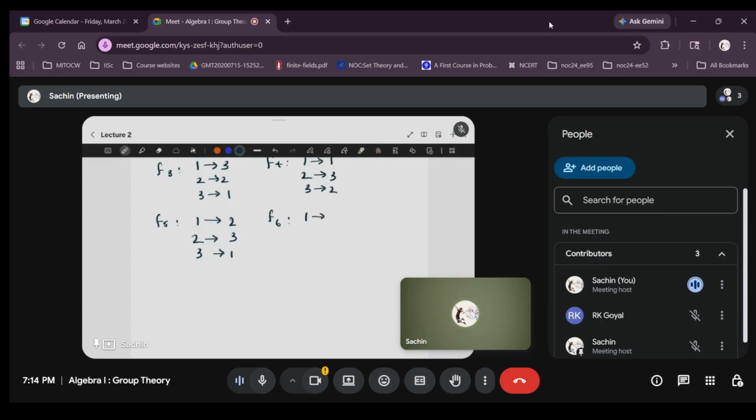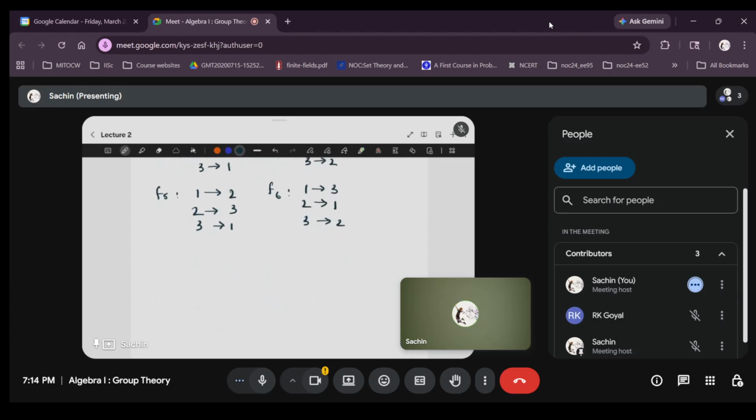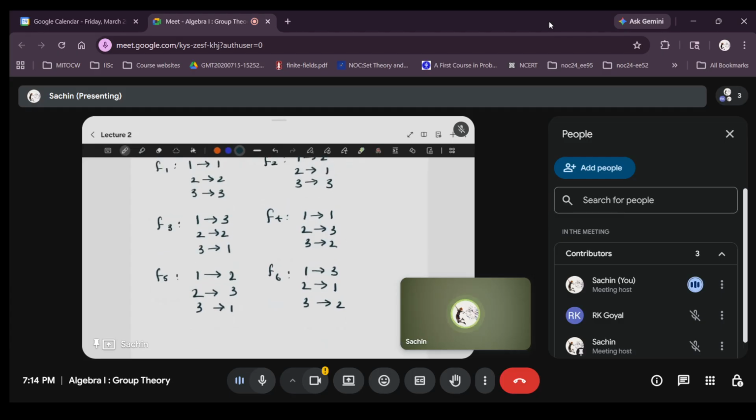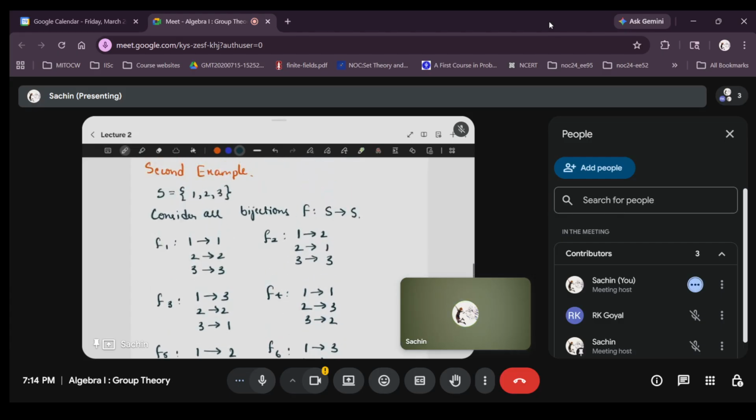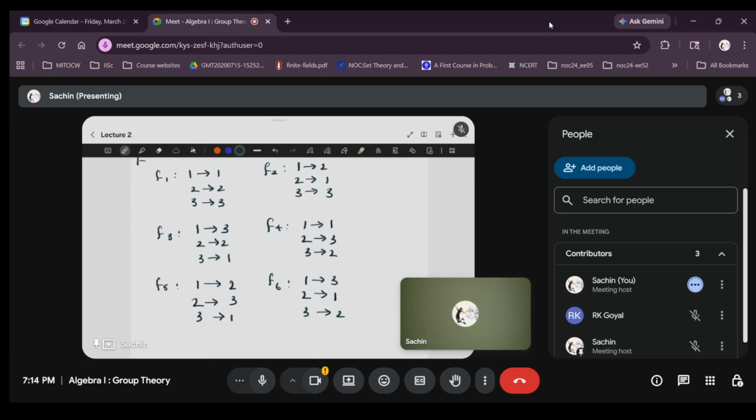Finally, 1 can go to 3, 2 can go to 1, and 3 can go to 2. So these are the six functions. These are the elements of the set F. So F is a set that contains all the bijections from S to S.